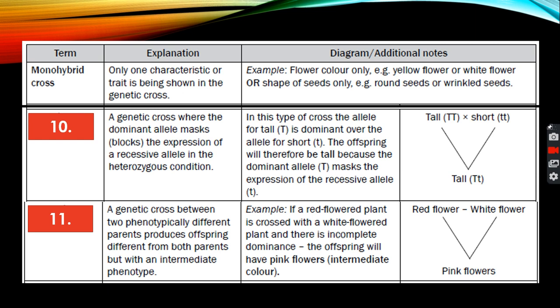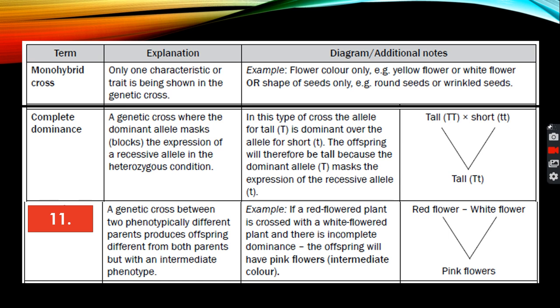So it's all about the color, whether yellow or white or pink or blue. It's showing one characteristic. Or maybe the shape: round or wrinkled or oval or whatever shape it is. So it's either showing the color or the shape. We call it mono because it's showing one characteristic.